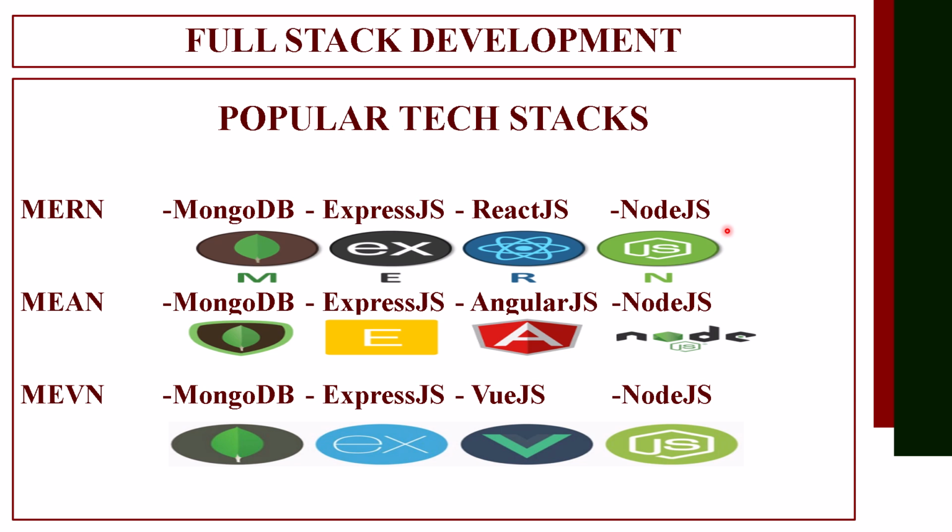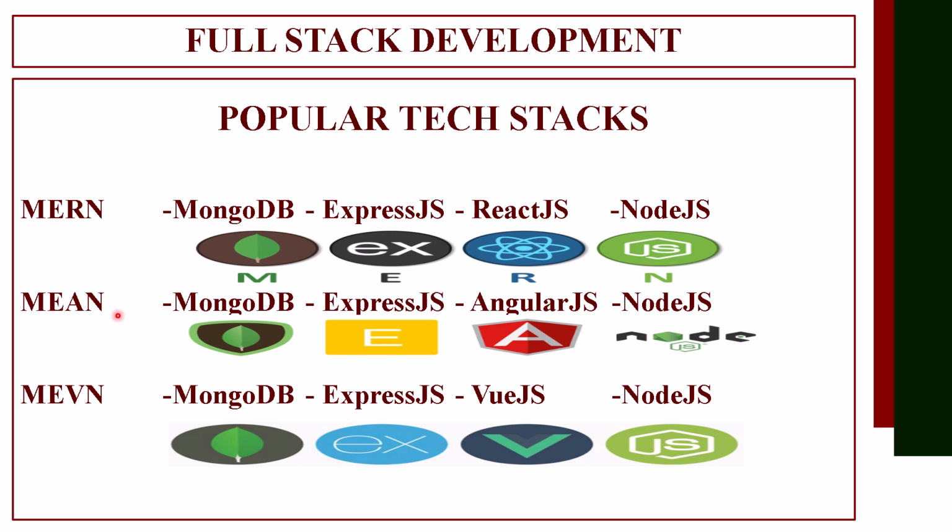When I put a question like what is Node.js, I get different types of answers from the students. But what Node.js actually is, it is just a runtime environment at server side, right? Node.js is a runtime environment at server side.